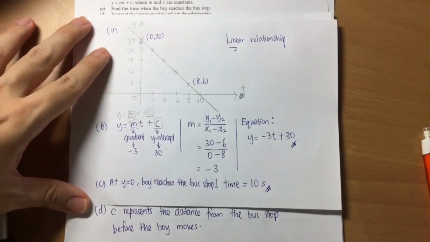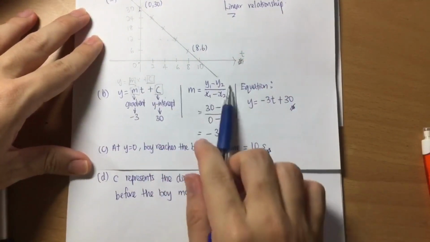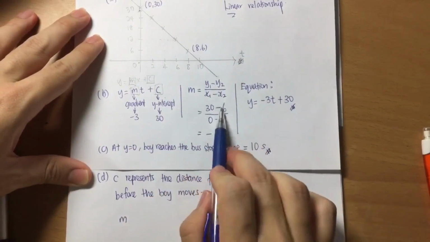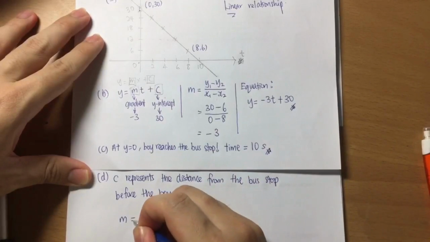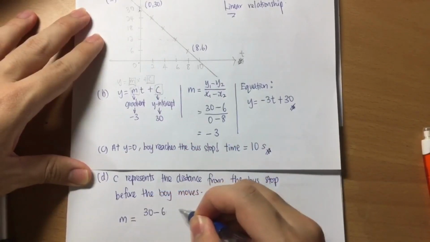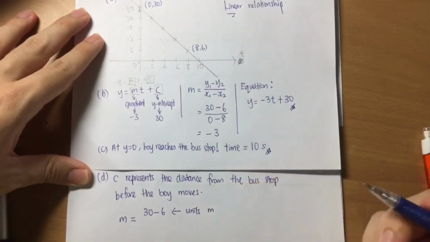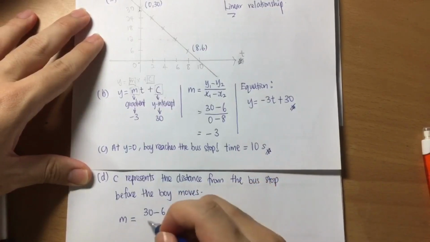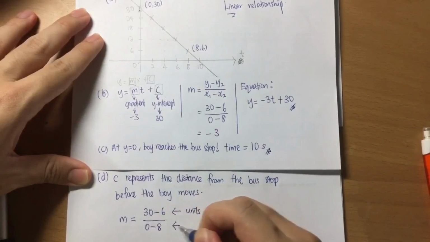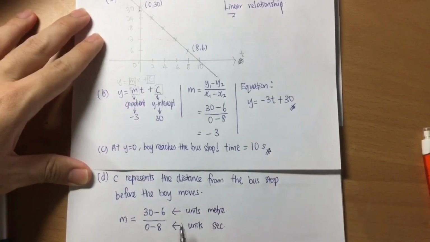And for M, I guess we have to look at how M is being calculated. If you look carefully, for M here, I'm going to just write down here. If we look at the working carefully, the units here will be in terms of meter, the distance. And the units here is in terms of second.